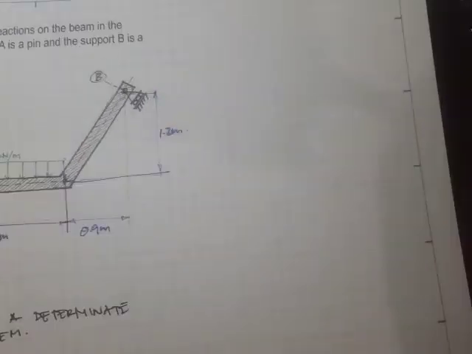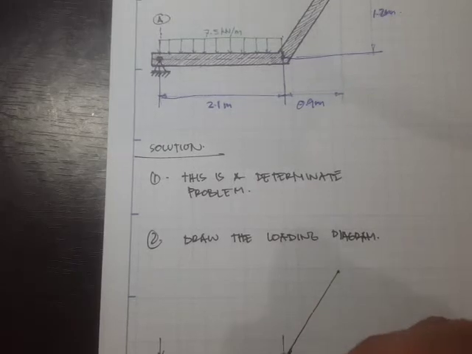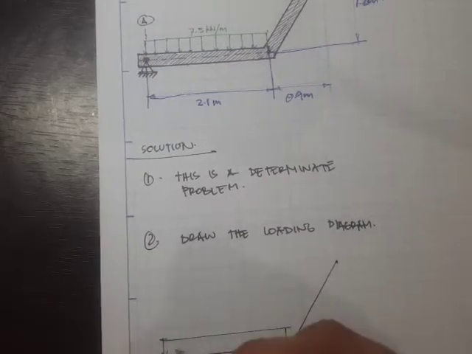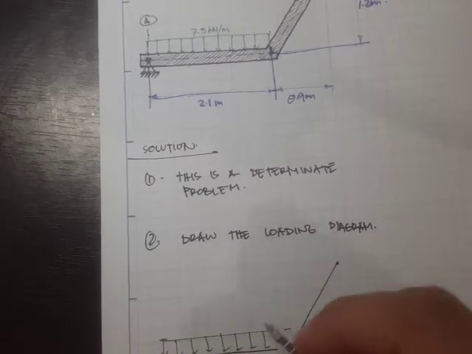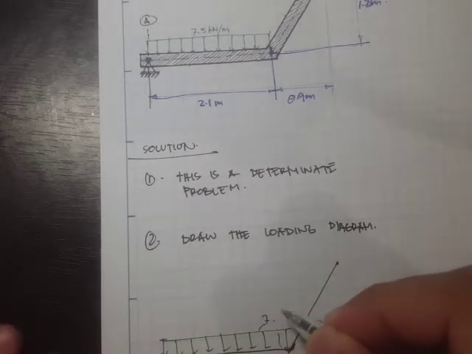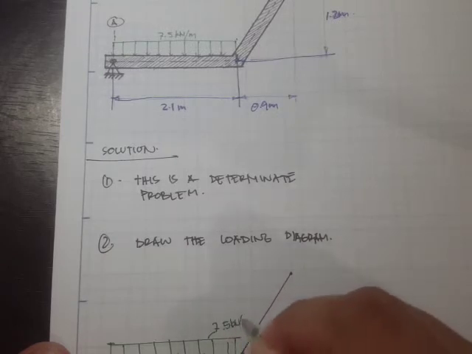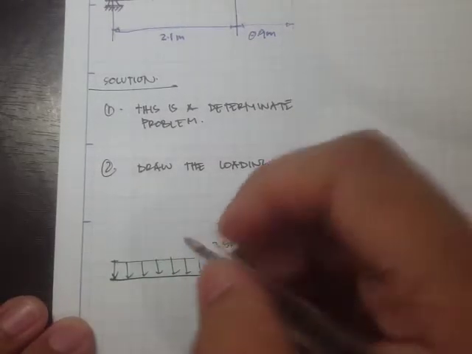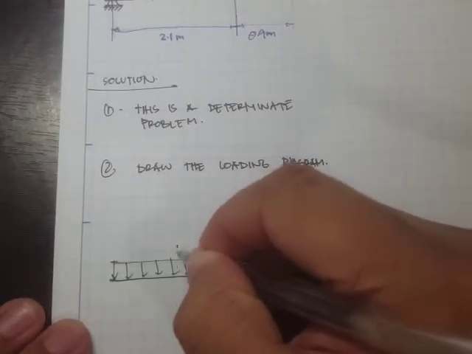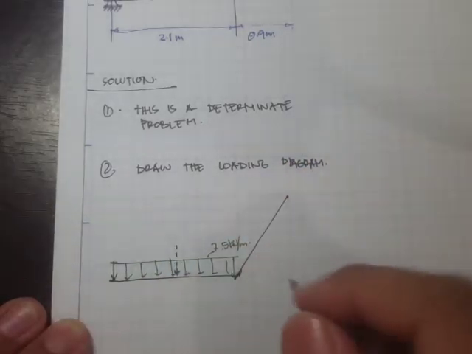Our external load is this one, and this is 7.5 kilonewtons per meter. Recall from your statics that whenever we have a distributed loading, there is also an equivalent resultant force acting at the centroid.